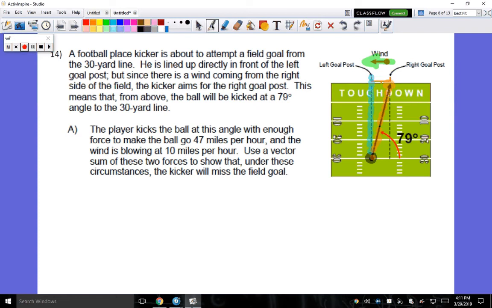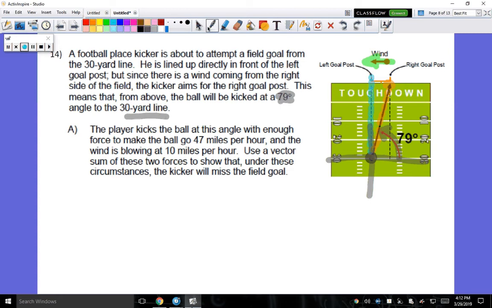Okay, so we've been saying all this unit that it revolves around U as the origin. And sure enough, from 0 degrees all the way to where the kicker is aiming, that is creating this 79-degree angle at that 30-yard line.